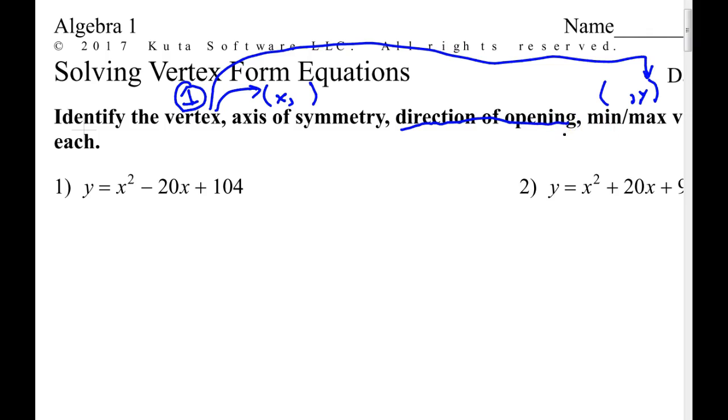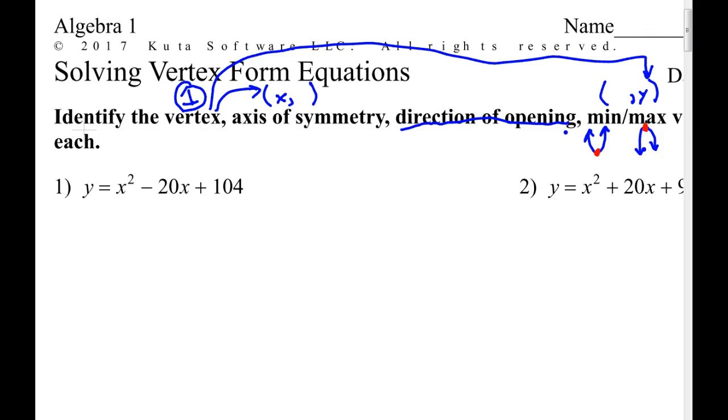Right. So right here, it's a min, the vertex, if it's opening upward, because the vertex is going to be at the lowest point of the graph. And then it'll be a max if it's opening downward. Because like if an object's going up in the air and coming back down, the vertex would be the highest point that object gets in the air.